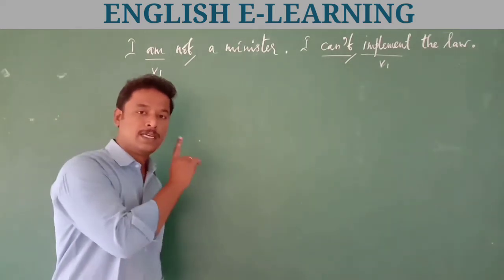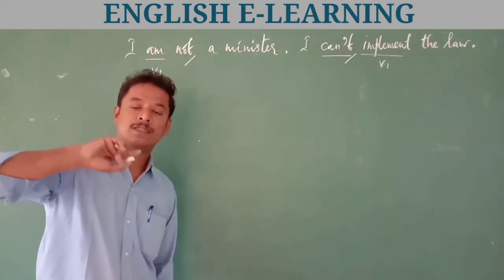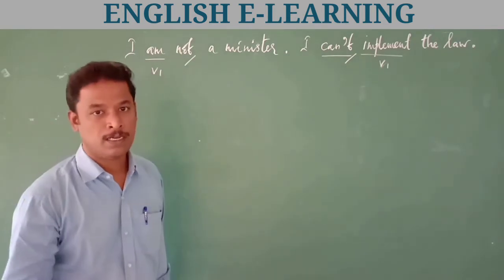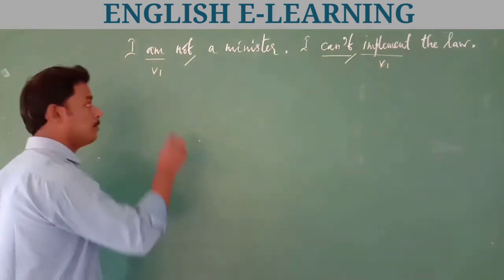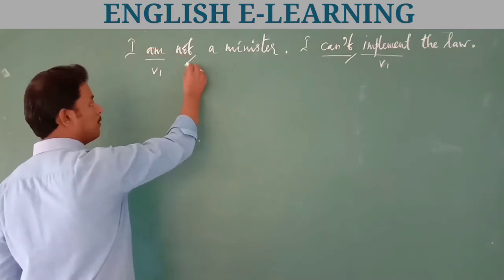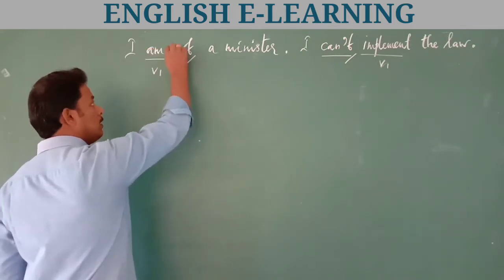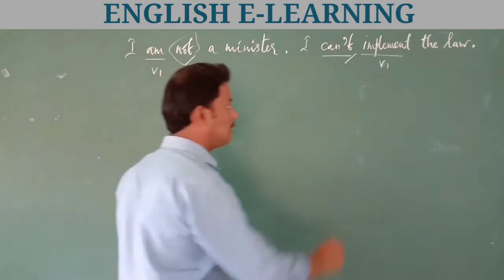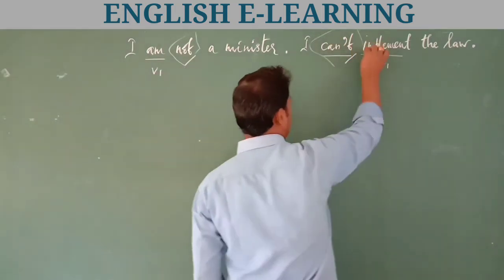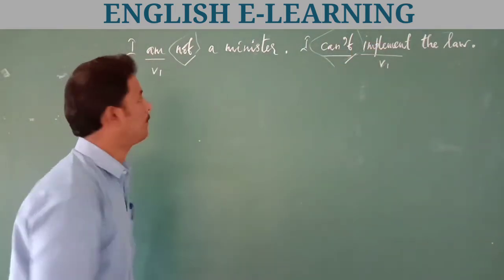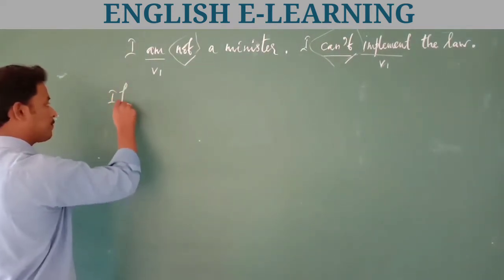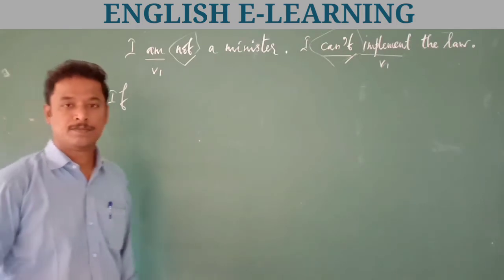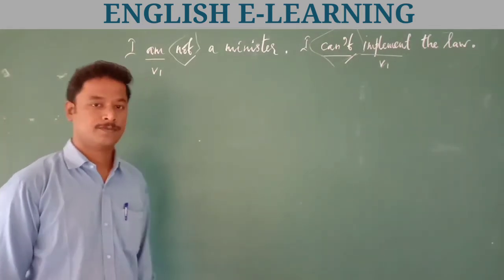If the idea is positive, that must be written either in zero conditional or in first conditional. Right. So understand this concept perfectly. Negative term not is applied in both sentences. Okay. Right.